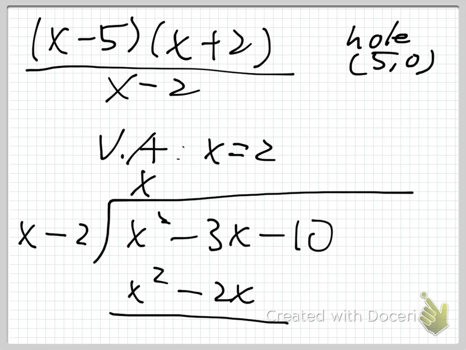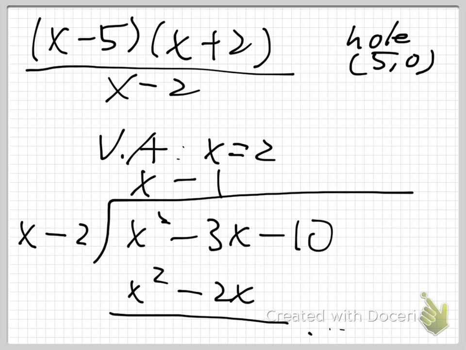We're running out of space here. Minus 1. And so there is a remainder on this function, but the remainder when you're doing slant asymptotes is going to be such a small and insignificant factor that we're just going to pretend it doesn't exist.